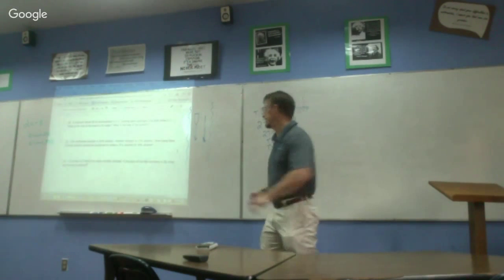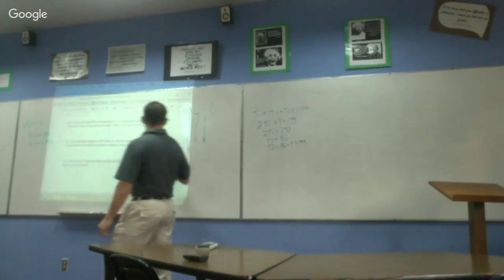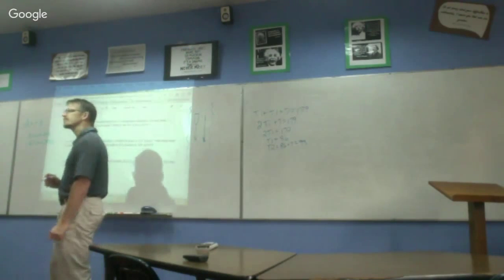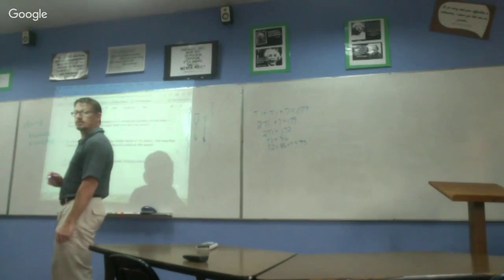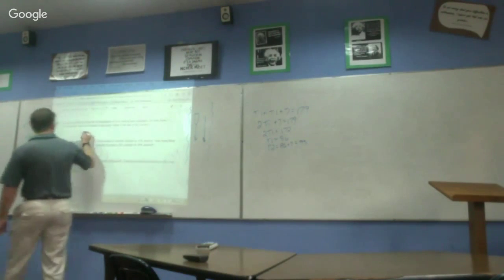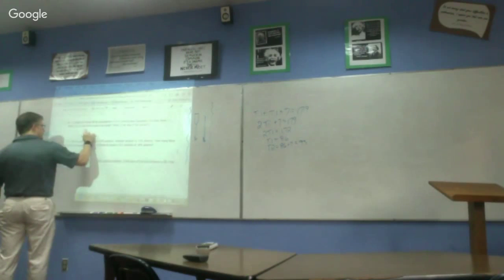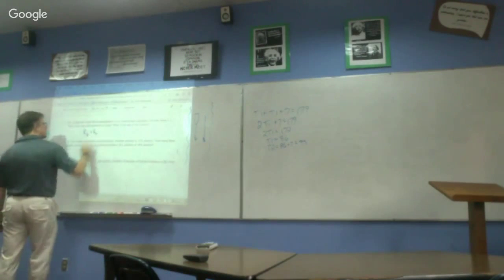So if they're going faster, what operation is that going to be? Add. So, they add what? What am I going to add? The rate of the still water plus the rate of the current. Okay, so we got the rate of the boat plus the rate of the current.